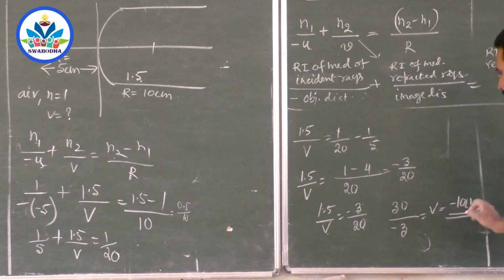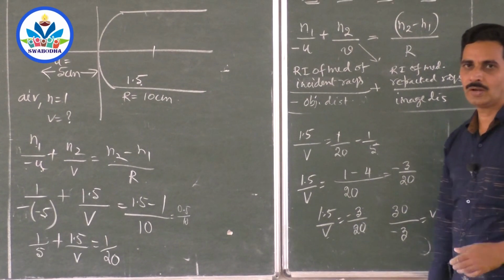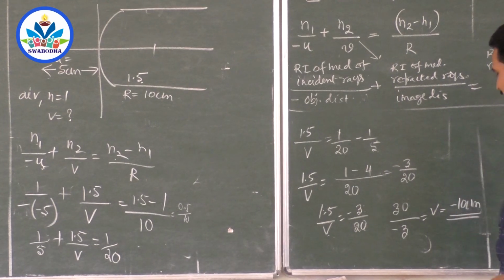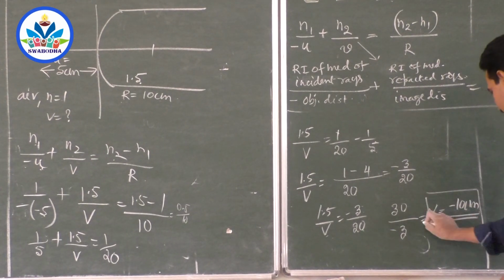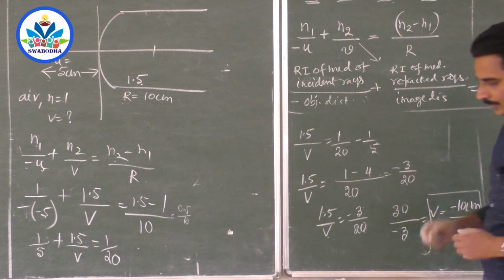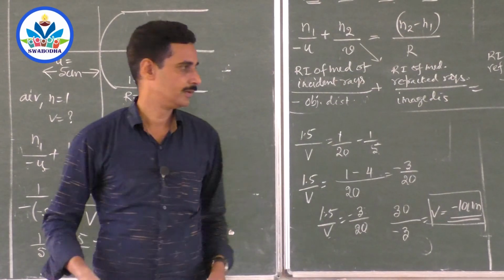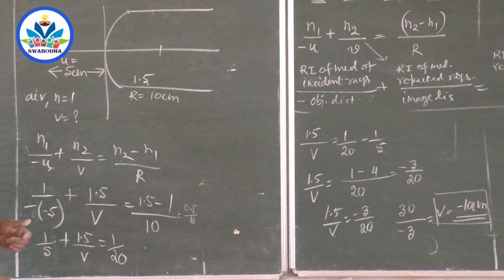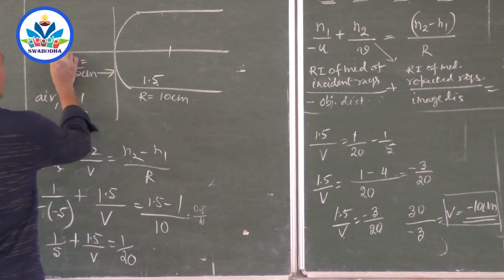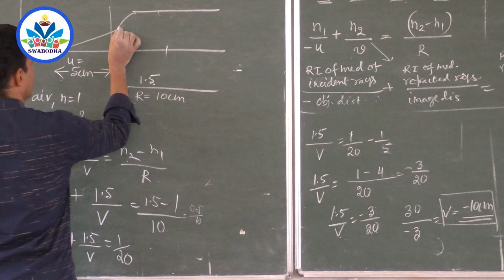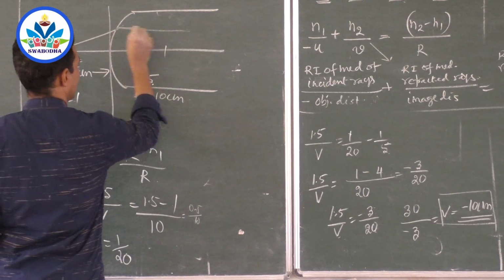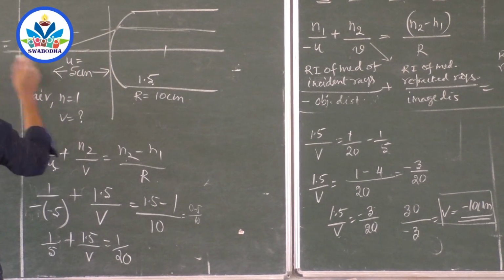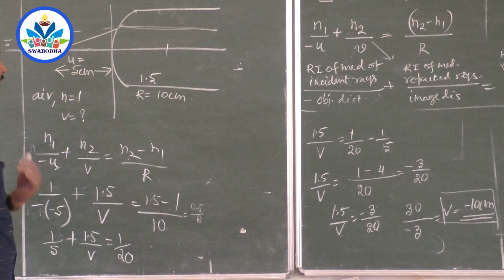Sir, why did we get minus? In the derivation, we got the image distance inside the glass sphere. Now we got it negative. What is the problem? Very simple. This ray of light, according to the position of the object, sometimes may bend so little that the image will be formed somewhere here itself, on the back side of the object itself.